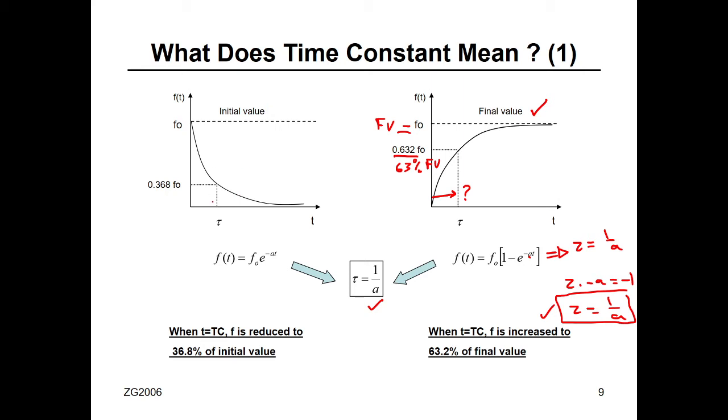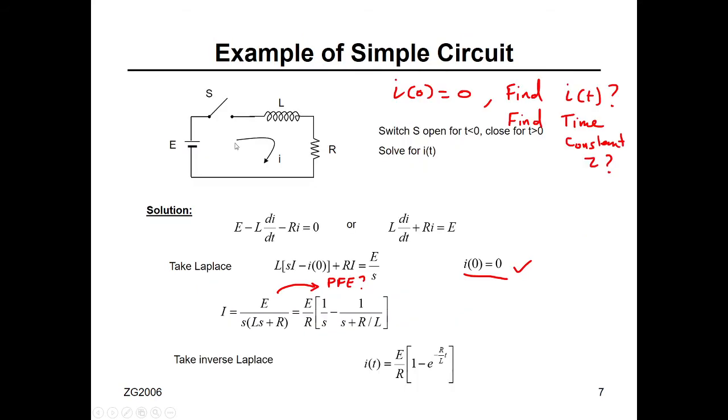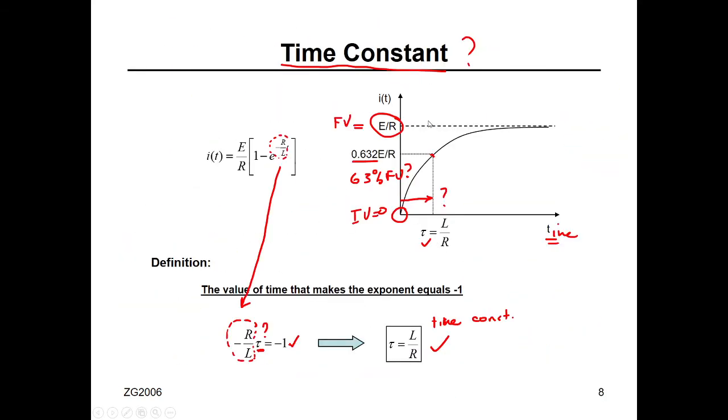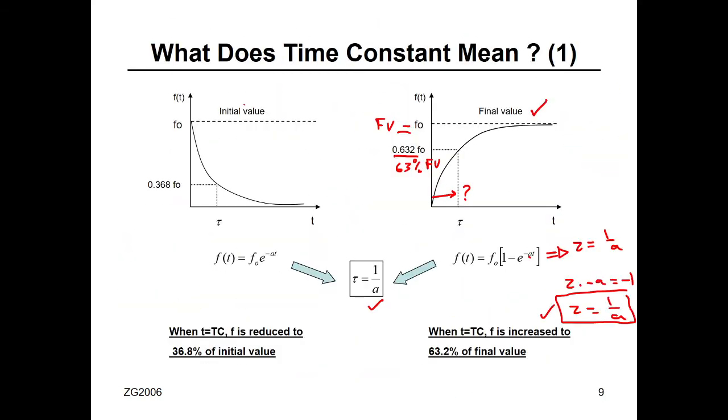There is another problem for the same system. What if we do not have an input? At t equal to 0, the switch was on before, before the time, the switch was closed. What if the switch is not open? It was closed.